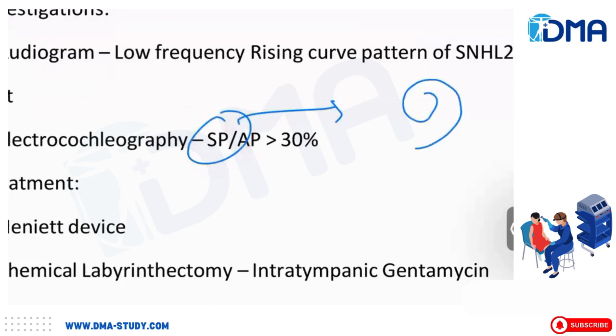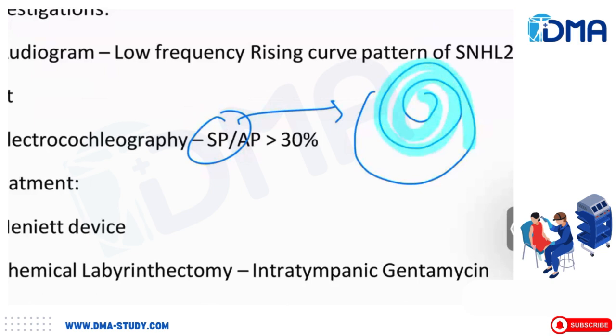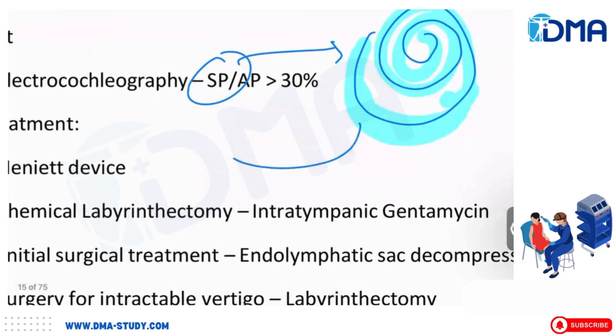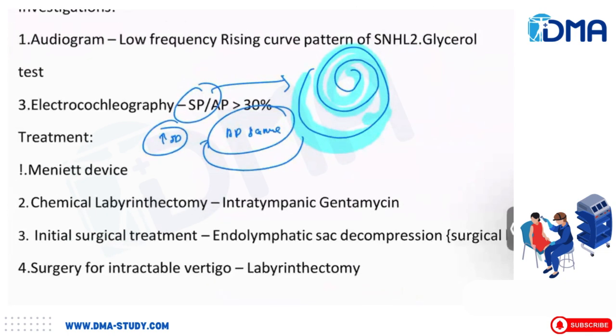See, the membranous labyrinth is swollen like this. So the swollen membranous labyrinth will produce more SP, but AP will be the same. Just look at this.